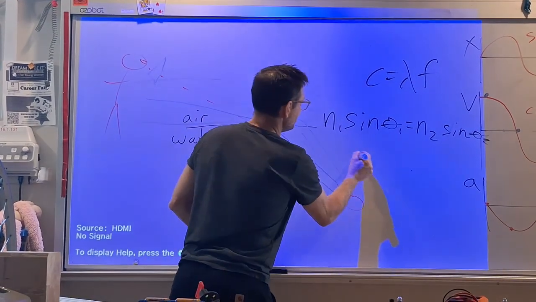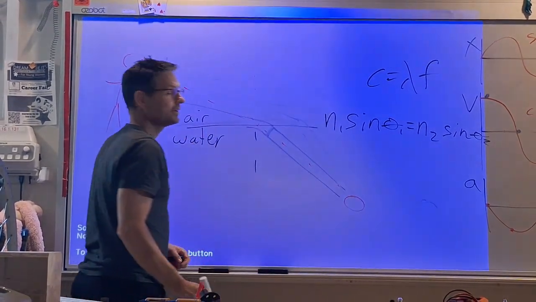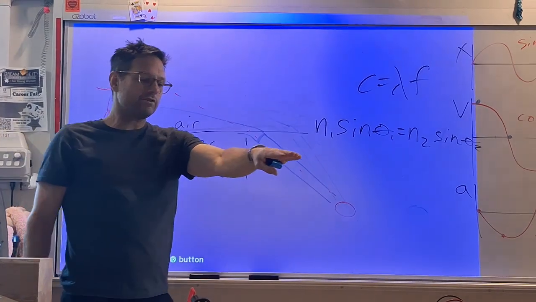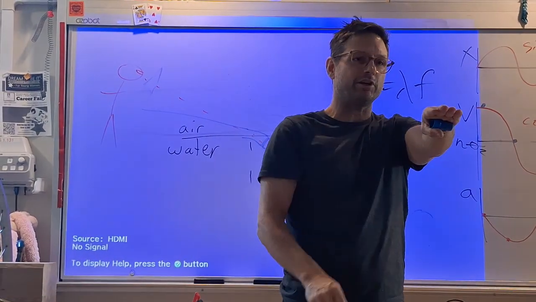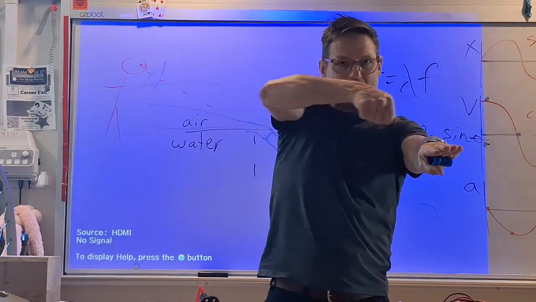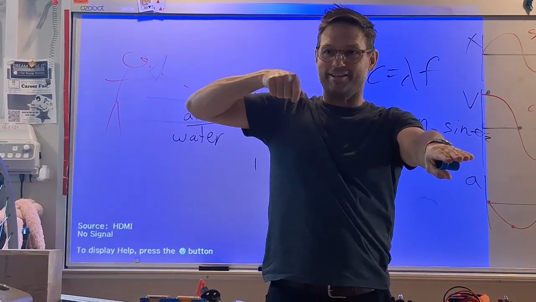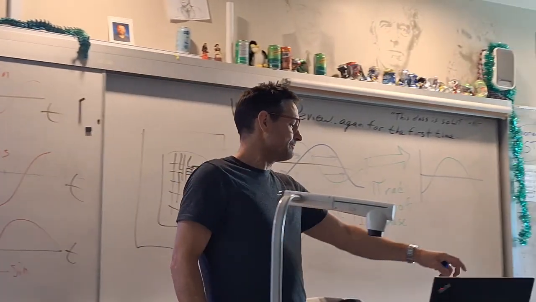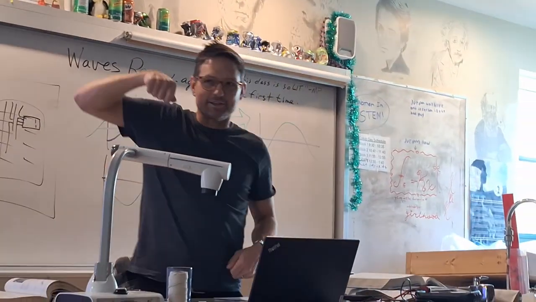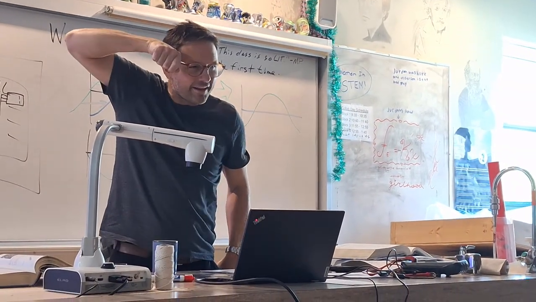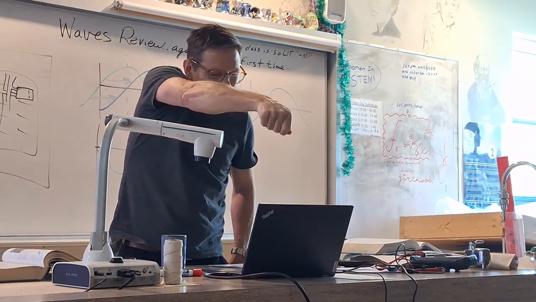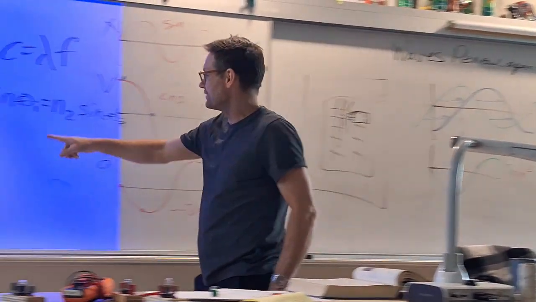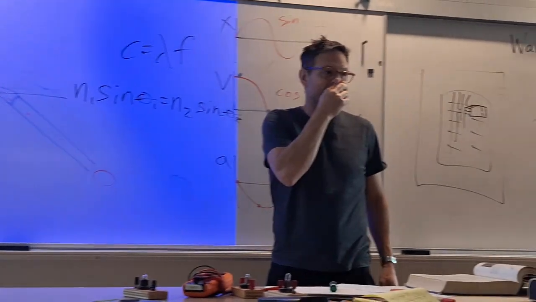He sees it as if it's out here. So you can do this at home: fill up a sink and drop a coin in there, and take a ruler and try to stab it. I do it with the kids, and they get it aimed up, and then they close their eyes, and it's always high, you always miss it high, right here.